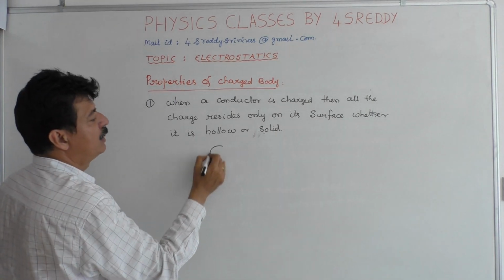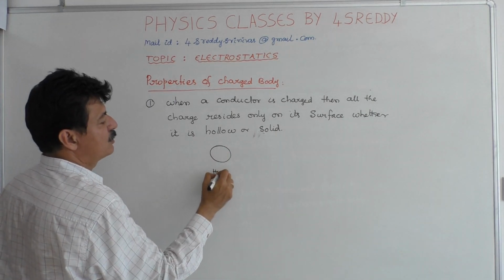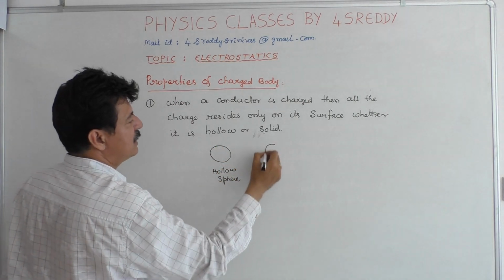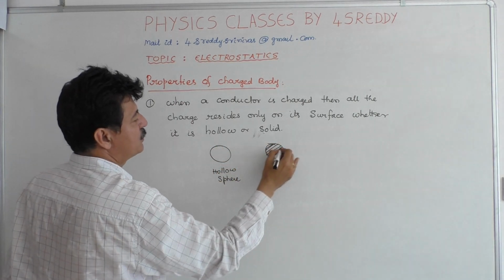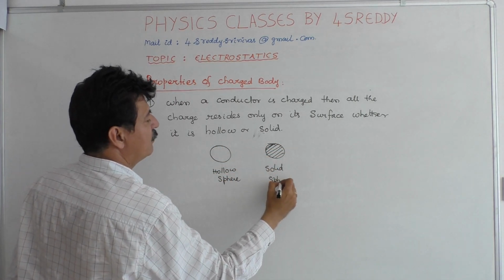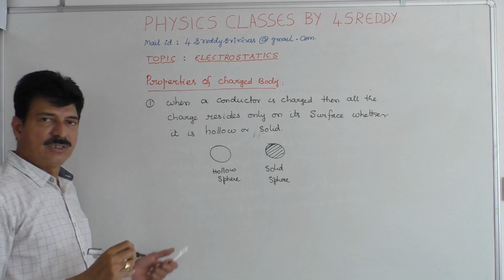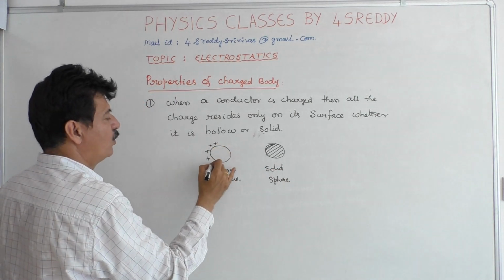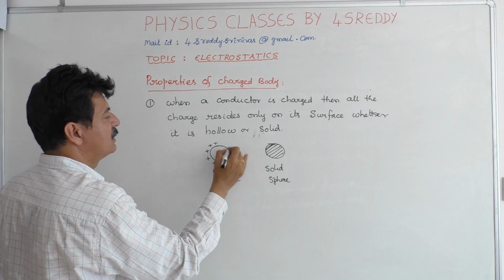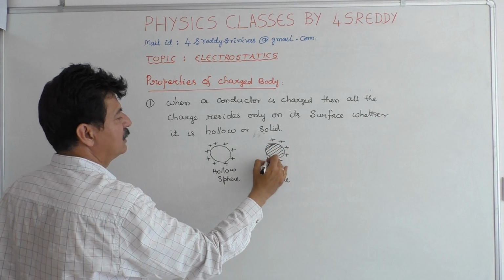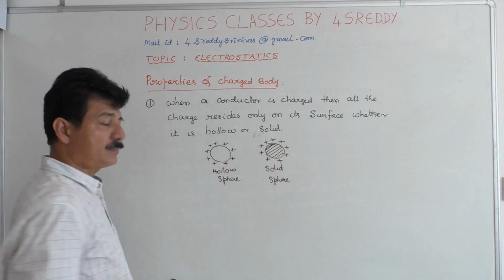For example, if you consider this is a hollow sphere, and this is a solid sphere, let us assume. Then whenever the charge is given, all the charge resides only on its surface, whether it is hollow or solid. This is our first point.